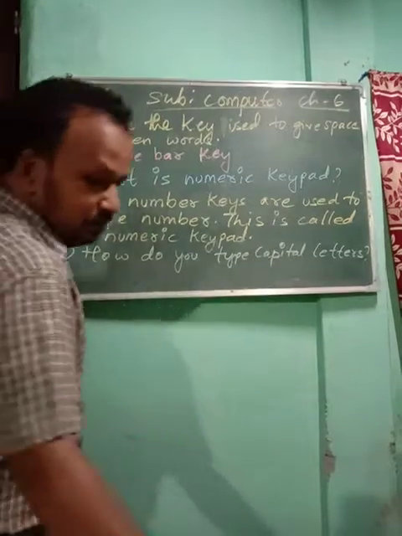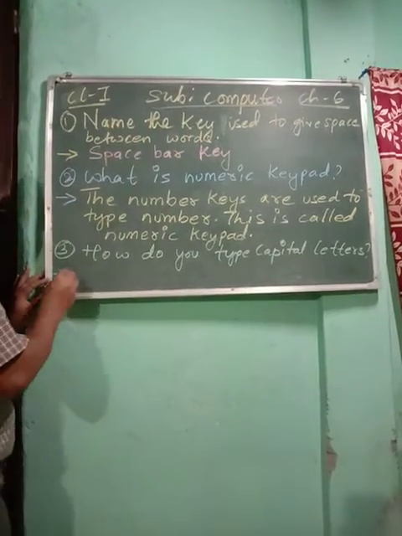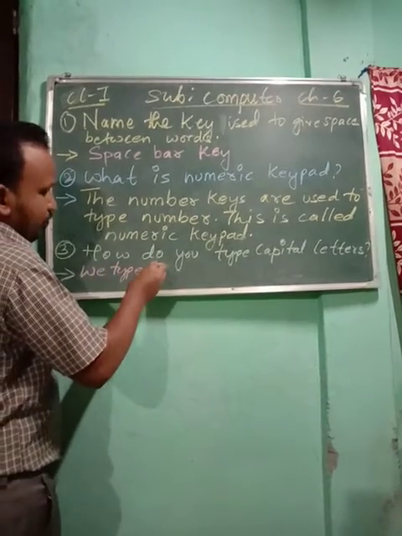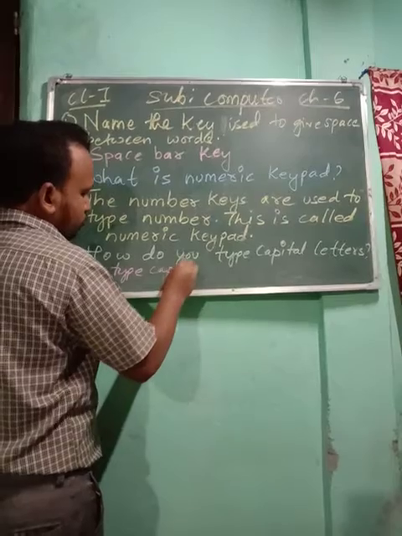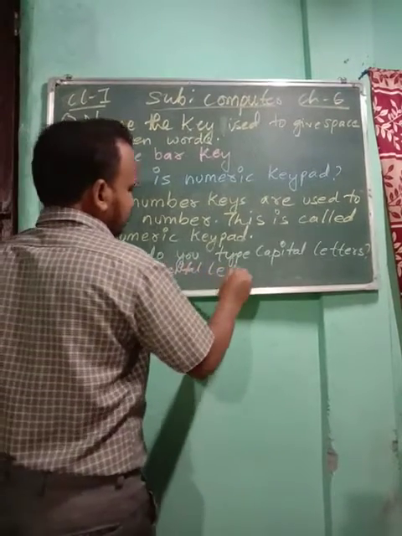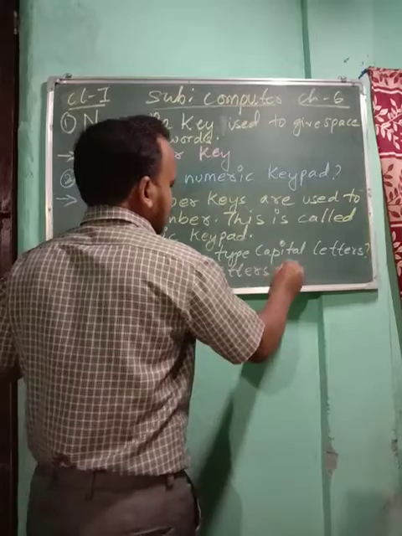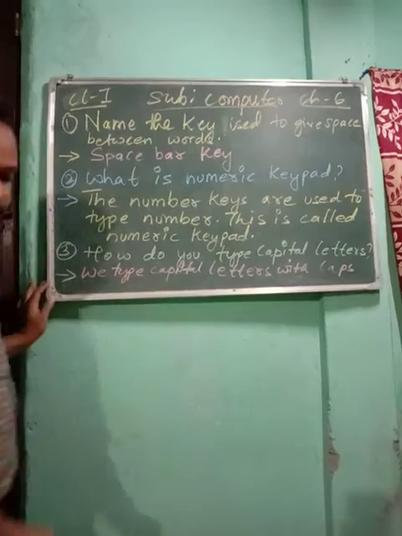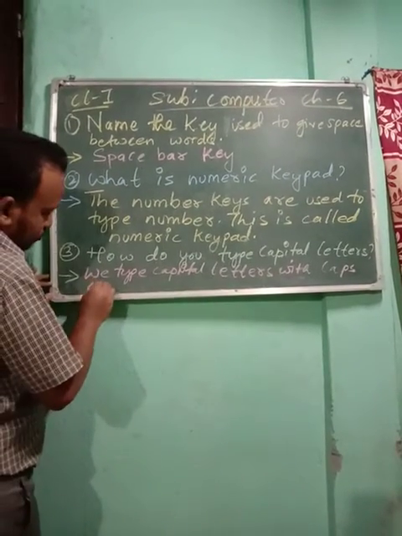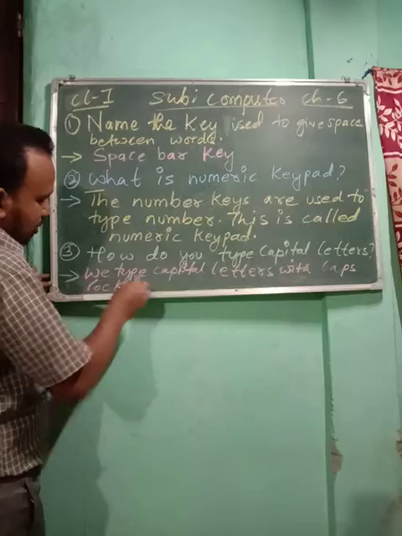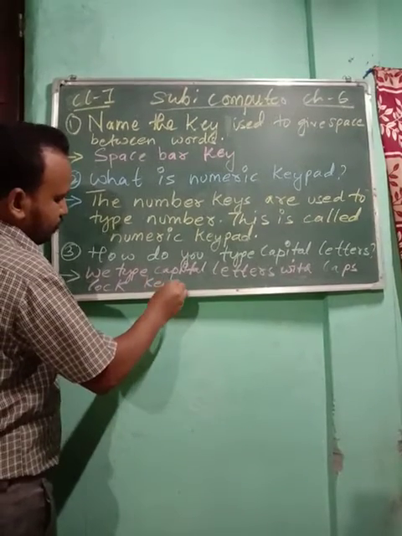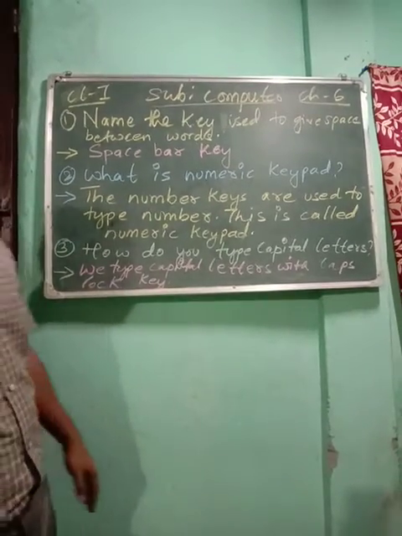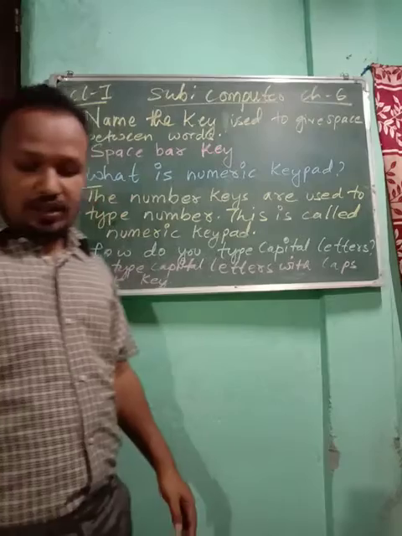So the answer we are going to write down, children: we type capital letters with the caps lock key. So 3 I have written. I will read them for you all, then the other 3.